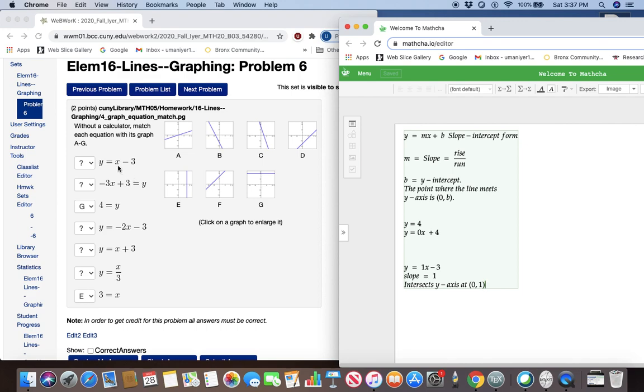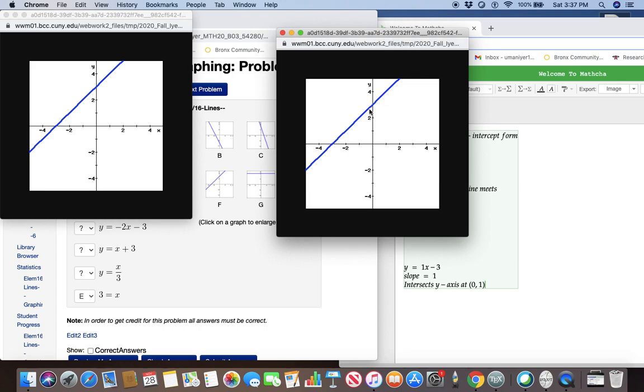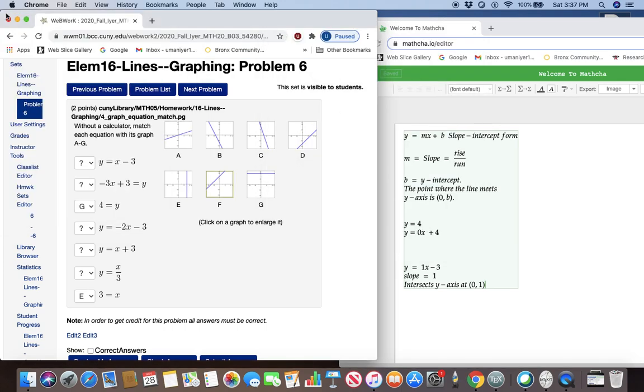Now I need slope 1. This one goes down, so it's a negative slope. So this one has positive slope and it crosses the y-axis. It is not crossing the y-axis at 1. So I need a line which crosses the y. Oh, I'm sorry, minus 3.